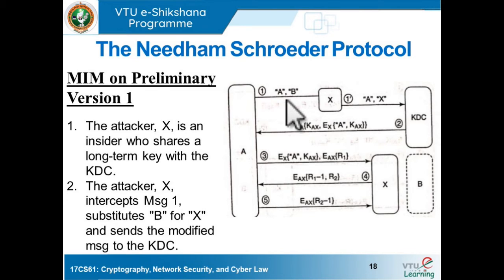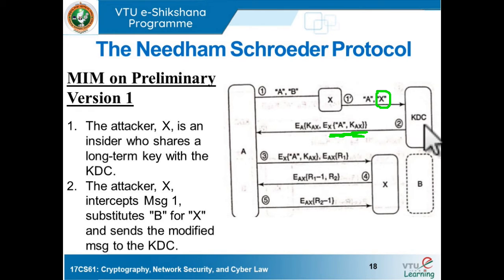Now let's see how to subdue these attacks with the help of the Needham-Schroeder protocol. We have in the Needham-Schroeder protocol three versions that we will be discussing. The first version we call preliminary version 1, the second version is called preliminary version 2, and the third version we call preliminary version 3.